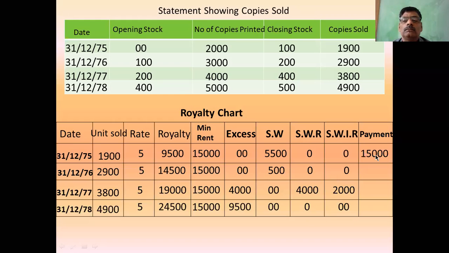Then payment column: 15,000 first year. Royalty plus SW minus SWR. Royalty plus SW minus SWR. Royalty plus SW minus SWR. Royalty plus SW minus SWR. 24,500 last year because 24,500 plus 0 minus 0. Clear? This is the royalty chart.